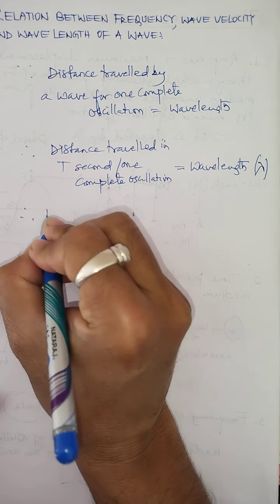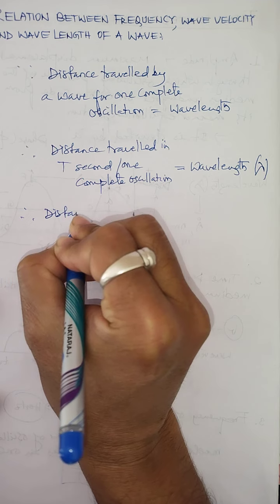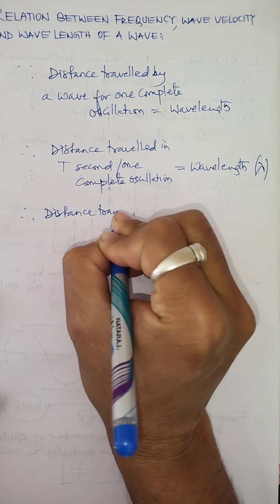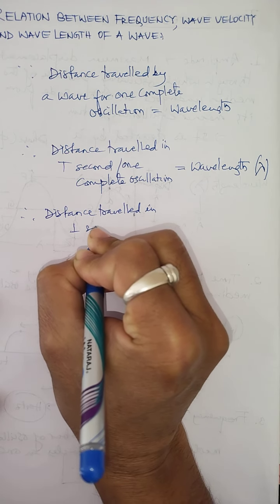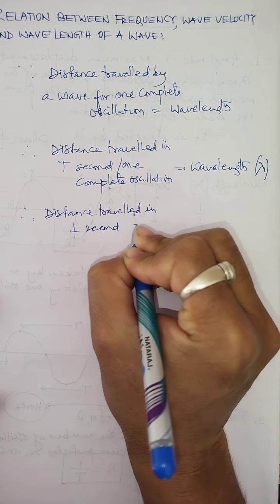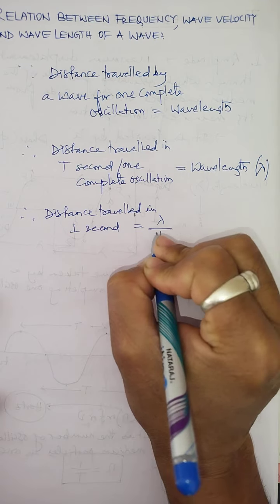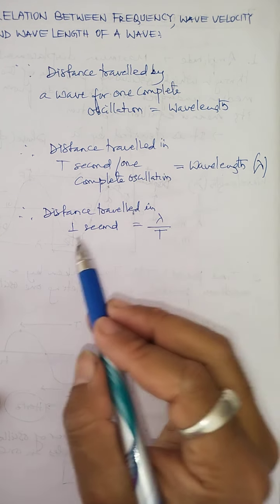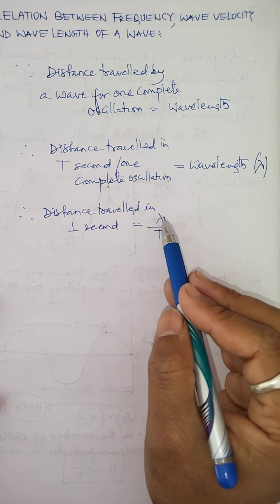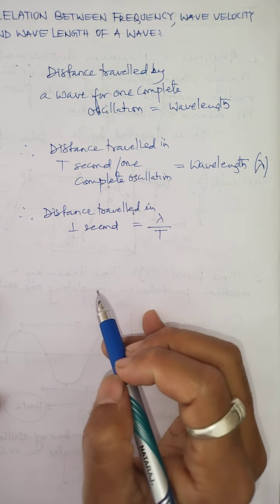Then the distance traveled in 1 second equals lambda by T, or wavelength by time period.